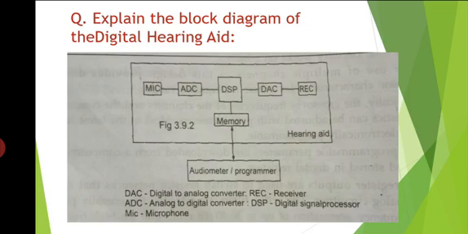The signals processed by the DSP are converted into analog form using the digital to analog converter. The output, that is the electrical signal of the DAC, is given to the receiver. Digital hearing aids are implemented with CMOS technology with a feature size of 1 micrometer or less, and with an estimated power consumption of 20 microwatts.